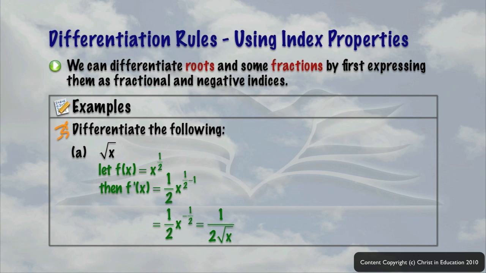So I'm going to have to change this back into a root. So my first step over here, I'll give you the in-between step. I have a half x to the power minus a half. So I have a half, and 1 over x to the half then gives me a positive index value.